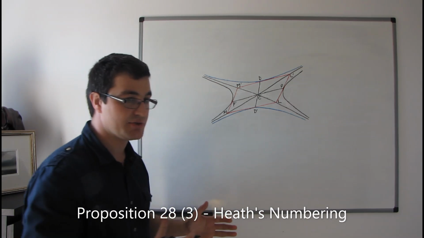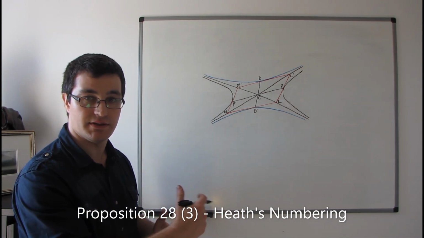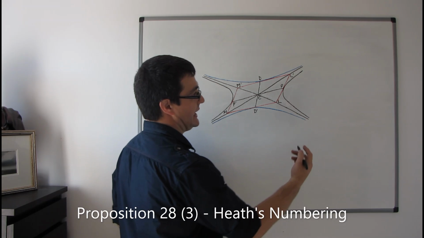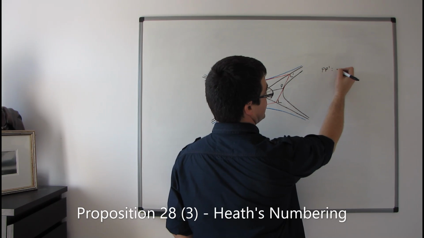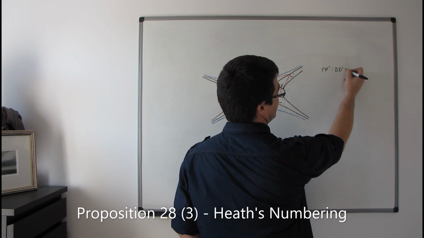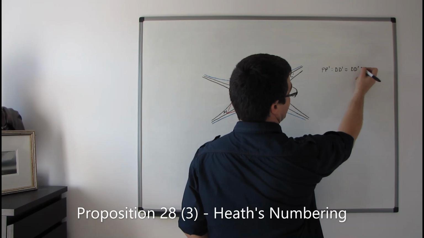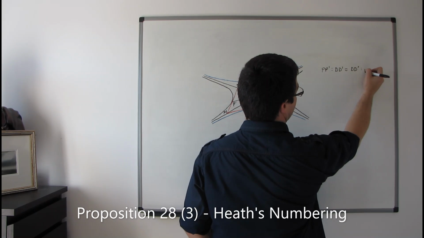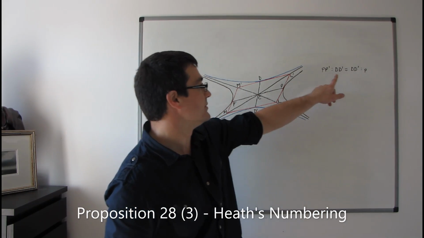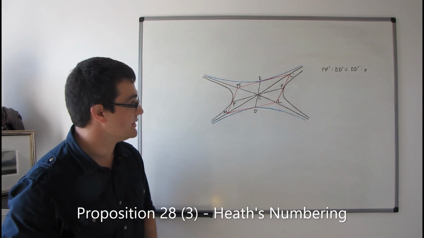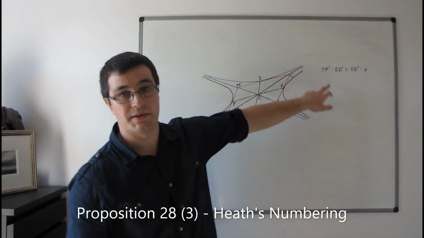The relationship between the transverse diameter and the secondary diameter of a hyperbola is as follows: that P primed ratio D primed is equal to D primed to P. So P is the parameter of the hyperbola with respect to the transverse diameter PP primed.